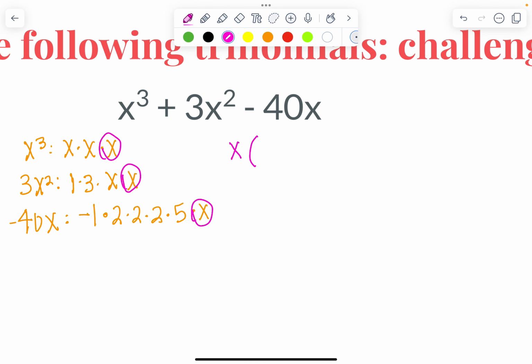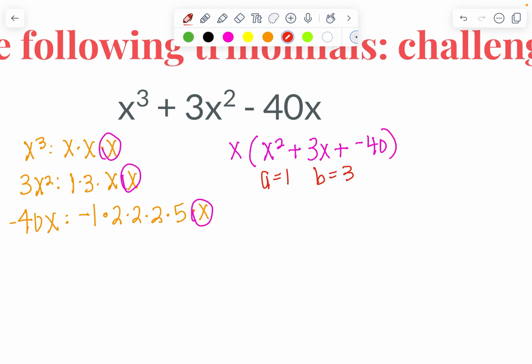If I take out an x, I'm left with x squared plus 3x plus negative 40. And now I can factor that, the x squared plus 3x plus negative 40. A is 1, B is 3, C is negative 40.